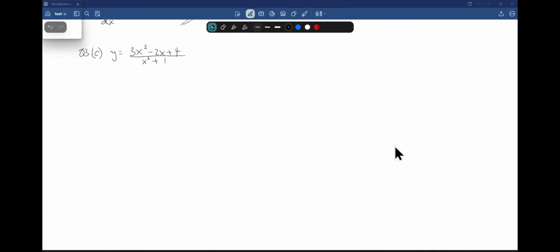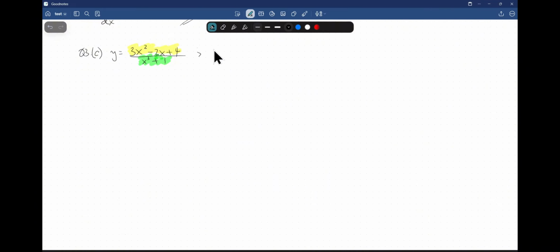For question 3, part C, we have y equals 3x squared minus 2x plus 4 all over x cubed plus 1. So in here it's quite clear. It's simply u over v, if you like. The yellow part here will be our u, and the green part here our v.